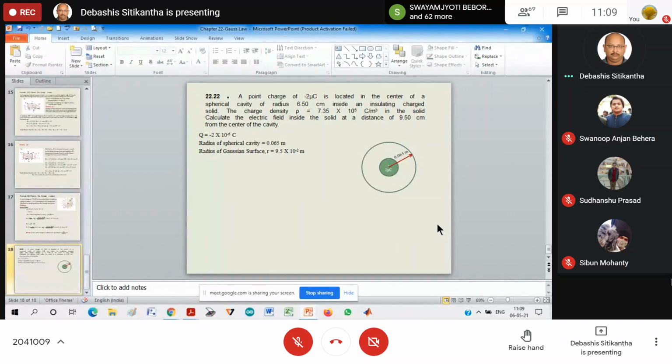Okay. So this is the radius of that cavity. This is the charge. This is the cavity, and it is again placed inside a solid sphere.